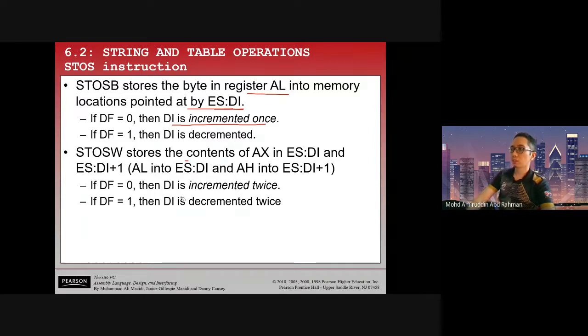So the content of AL will be stored at ES:DI and the content of AH at ES:DI plus 1. Depending on the direction flag, we do the incrementation or the decrementation, and it will be done twice because of word. That is STOSW.